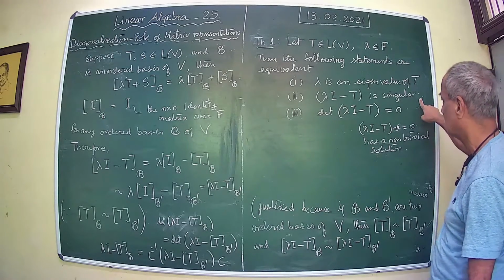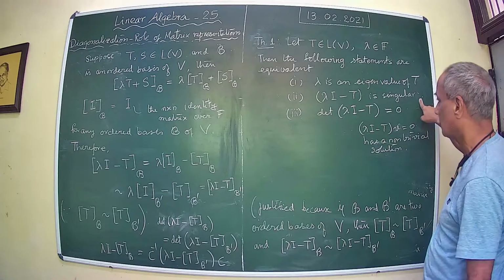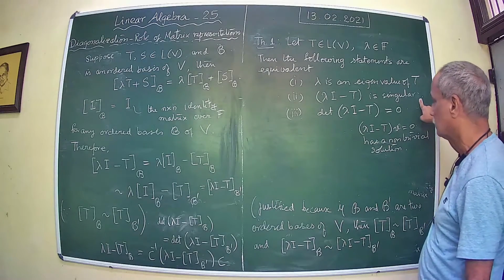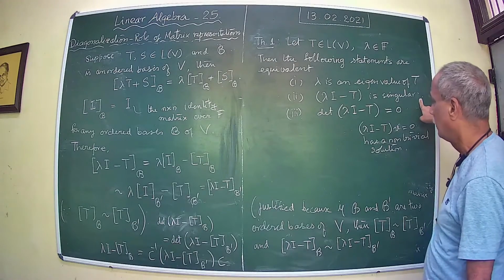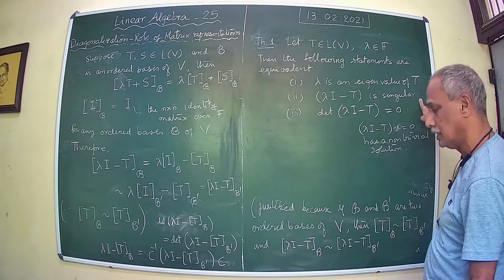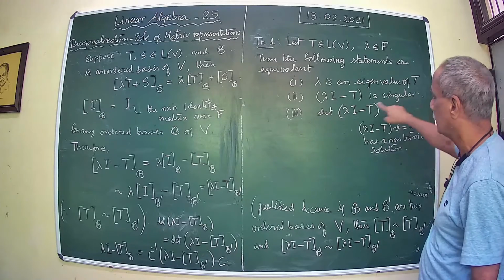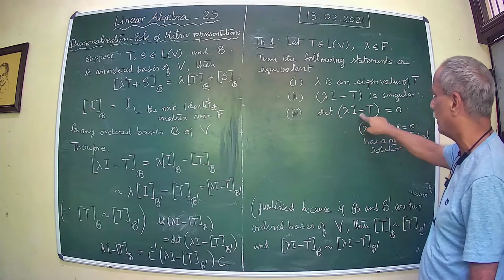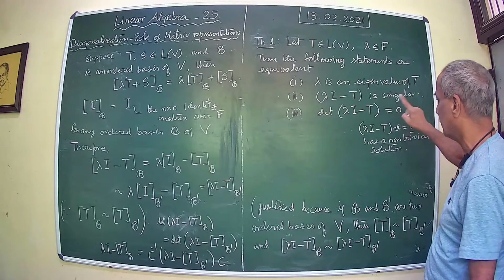Okay? Now, if lambda I minus T is singular, then one can immediately prove that the determinant of lambda I minus T is equal to 0.